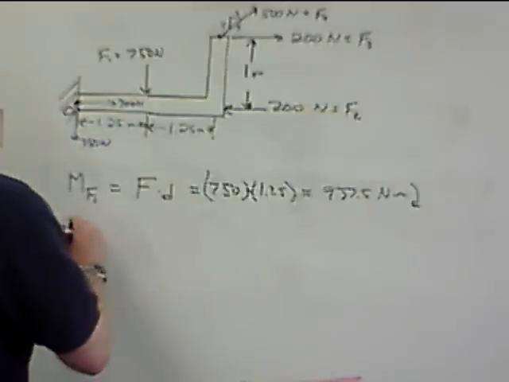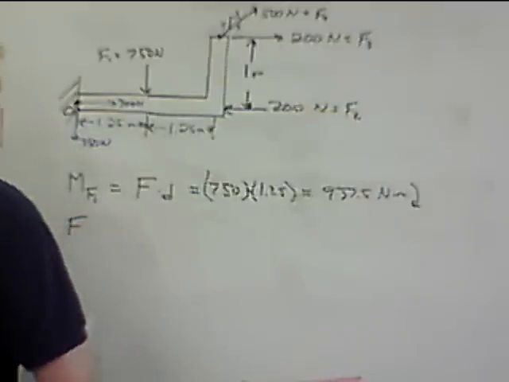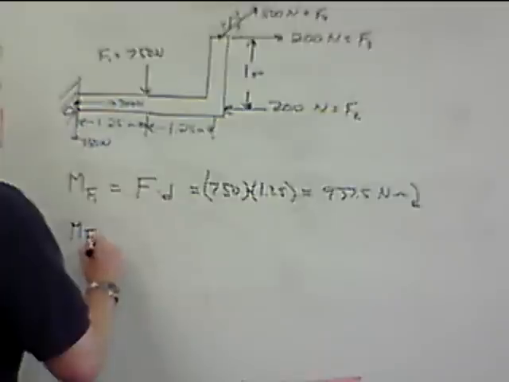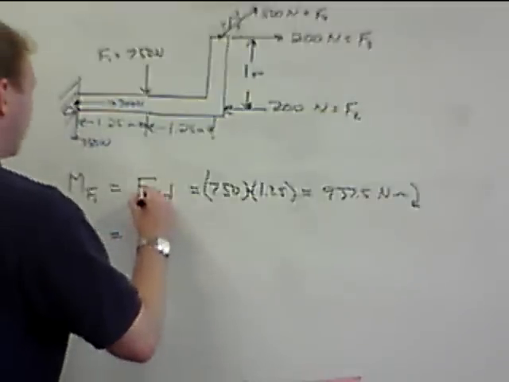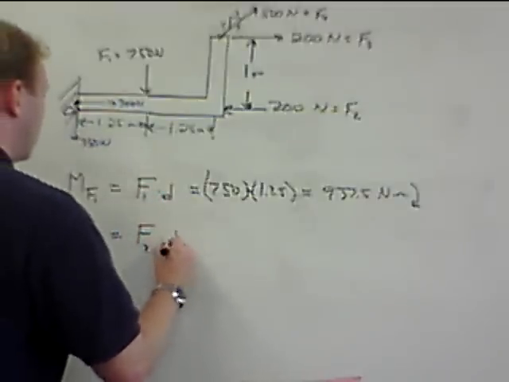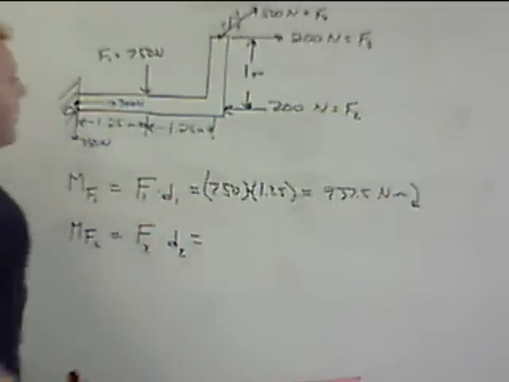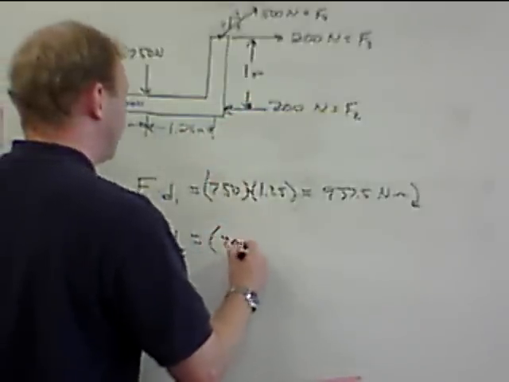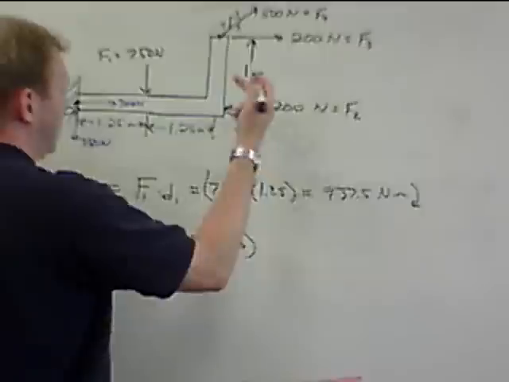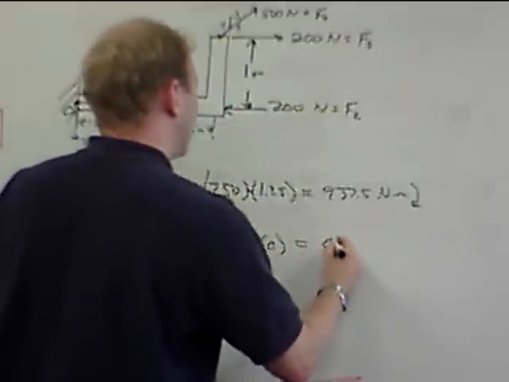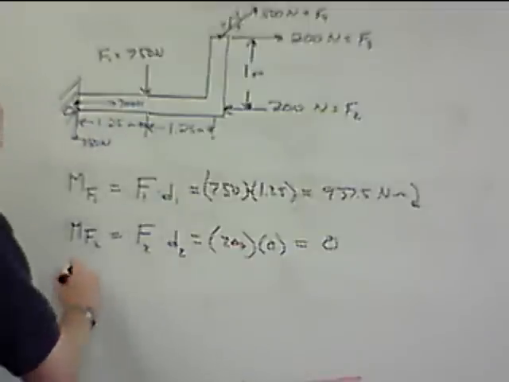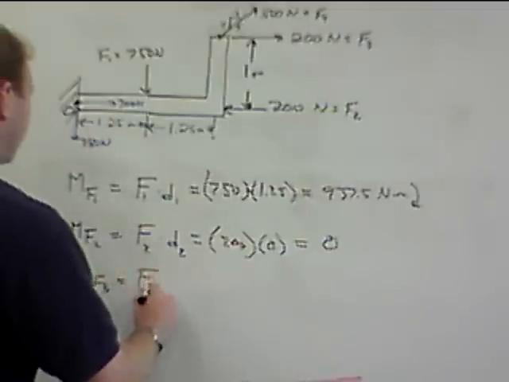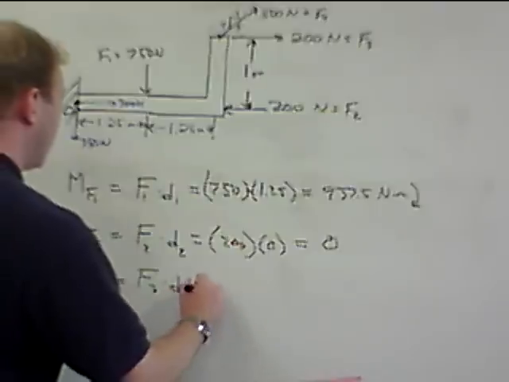Moment due to force 2 is equal to force times its moment arm. Well, that's easy enough. The force is 200 times the moment arm here is 0. So this creates 0 moment. Moment due to force 3 is equal to force 3 times the moment arm for 3.